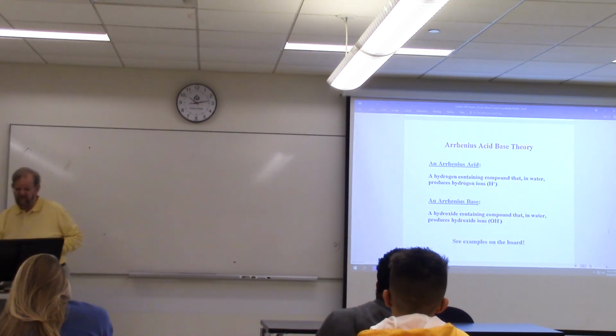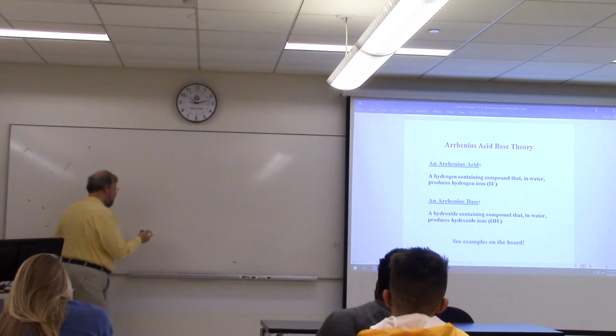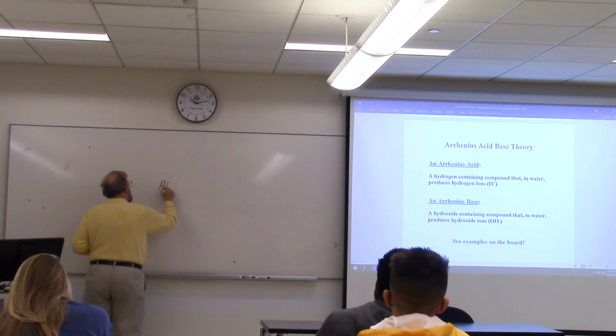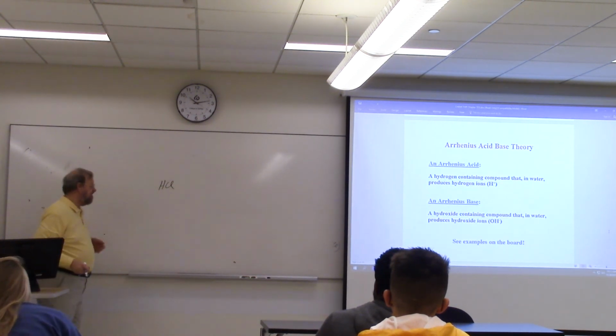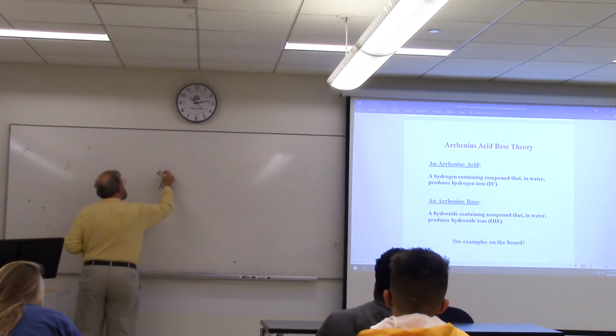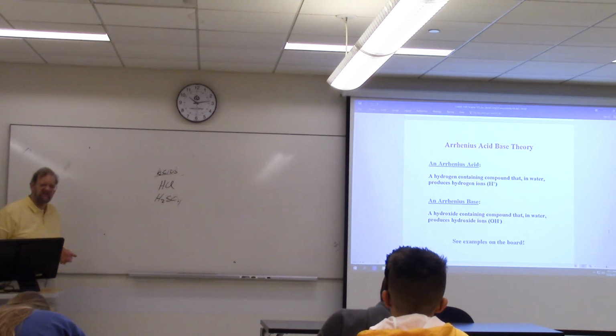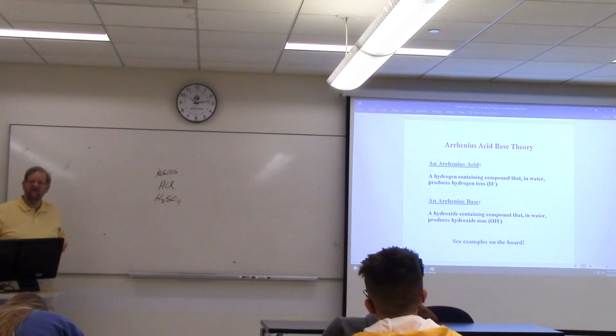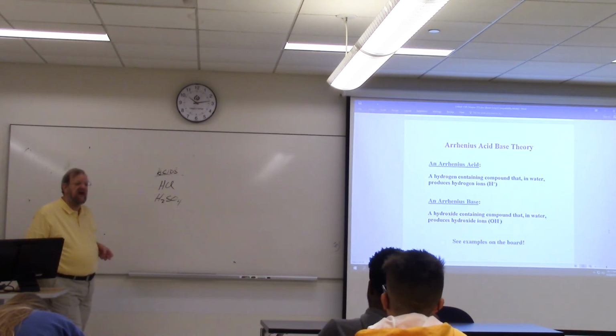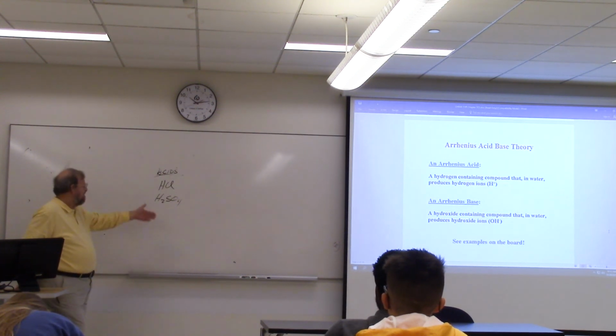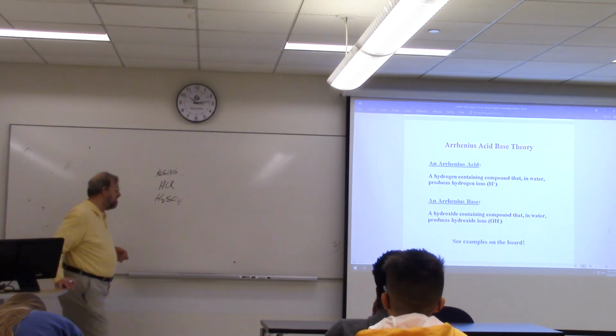An example of an Arrhenius acid would be hydrochloric acid. This is an acid. And another important acid, sulfuric acid. By the way, H2SO4, sulfuric acid, is the most widely made, highest production chemical in the United States annually, because it's used in so many things in making things.